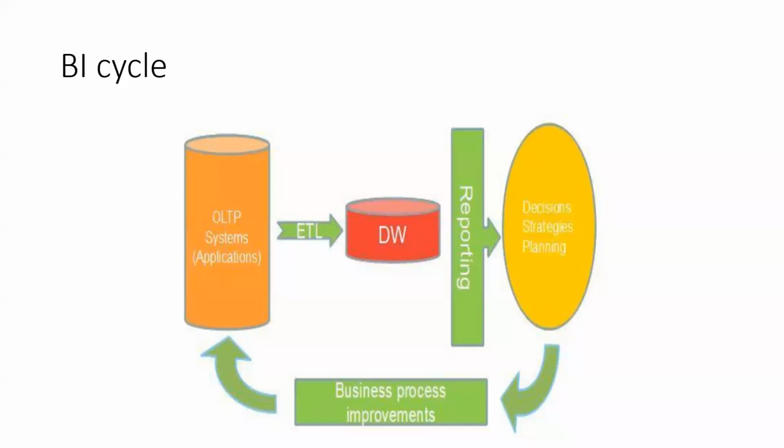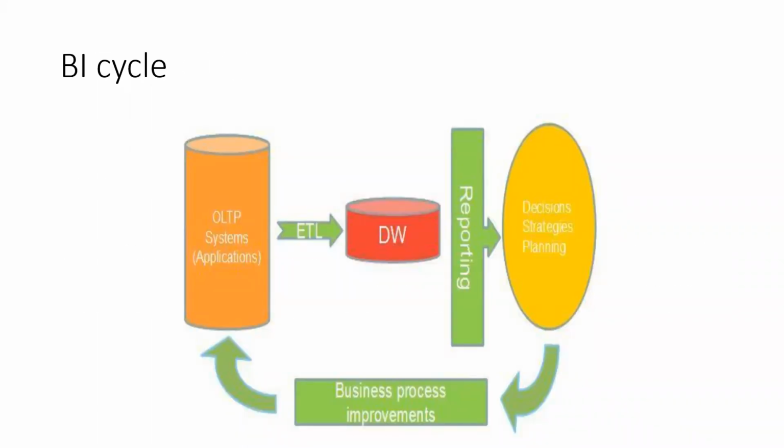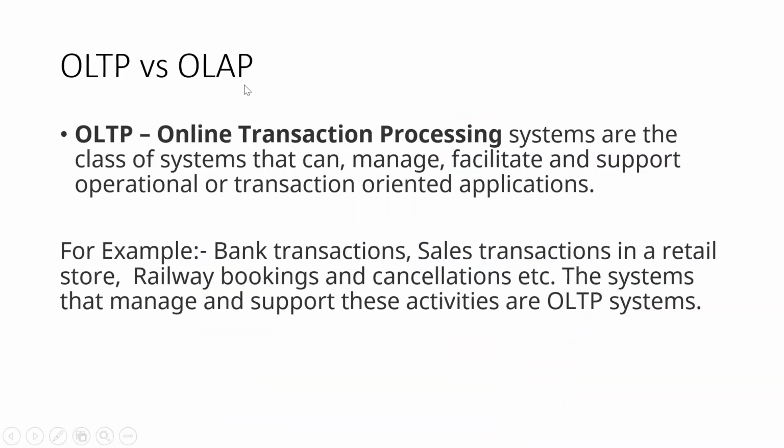Okay, so we are learning over here OLTP. What is OLTP and what is OLAP? OLTP is this kind of thing, and OLAP is where we store the data in the data warehouse. OLTP is an online transaction processing system.